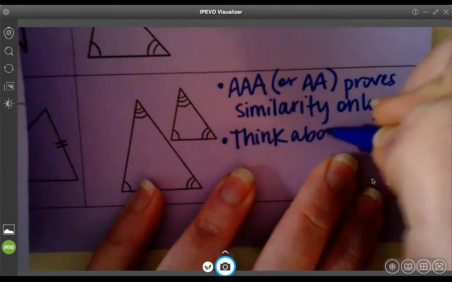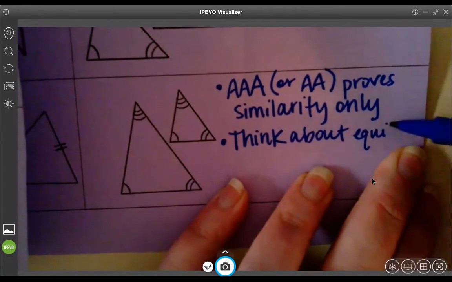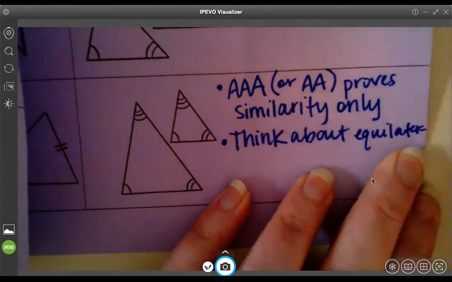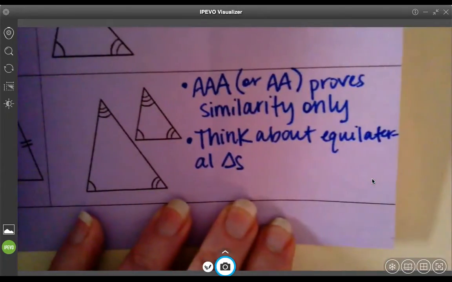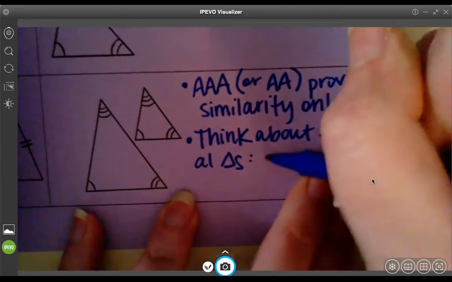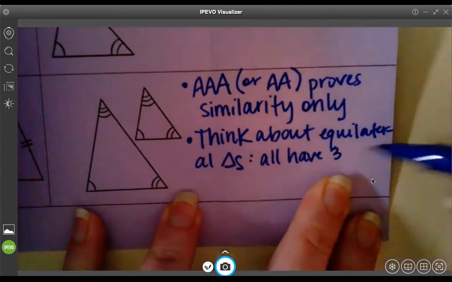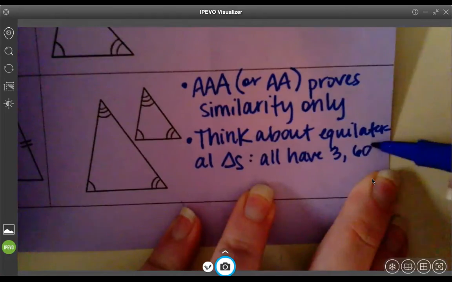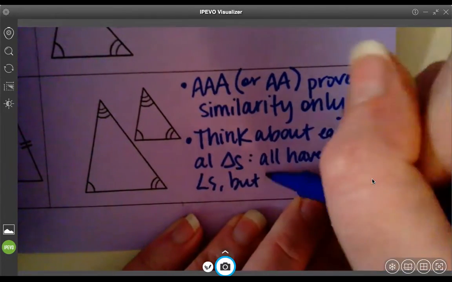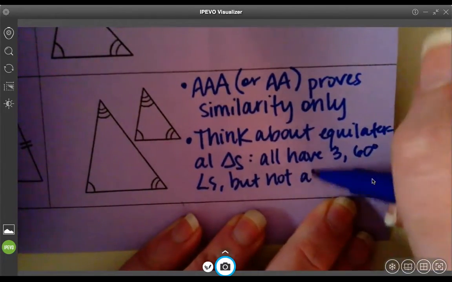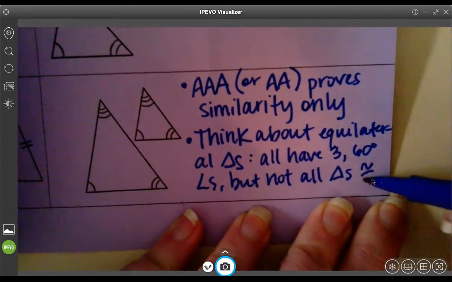We're going to say, think about equilateral triangles. All have three 60-degree angles, but not all triangles are congruent.